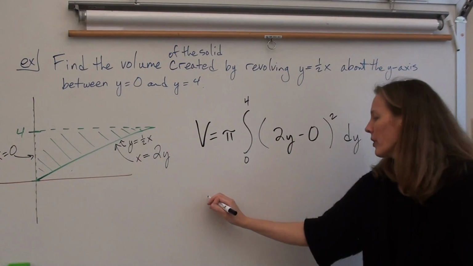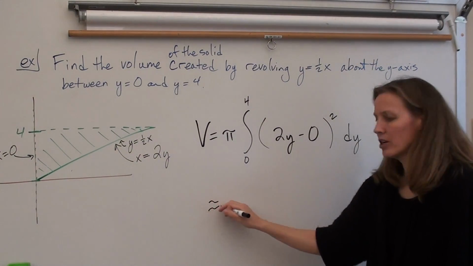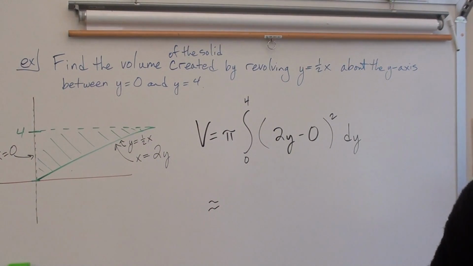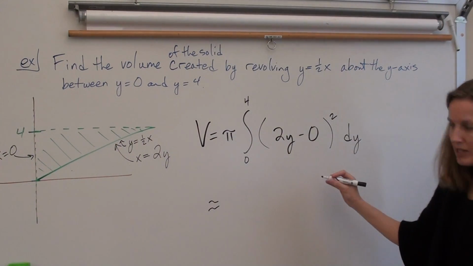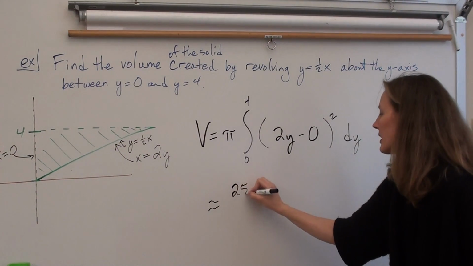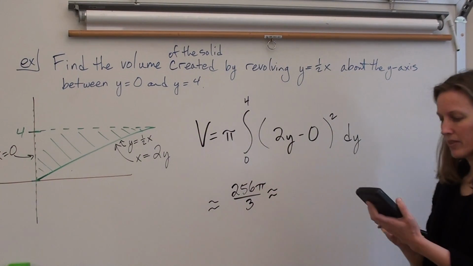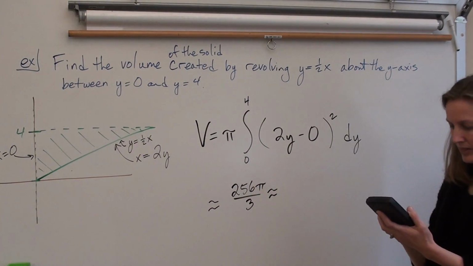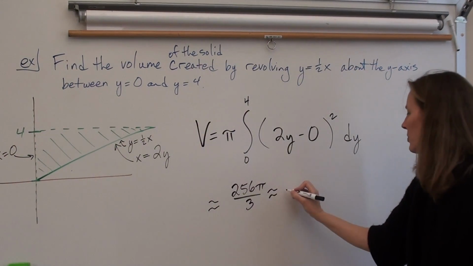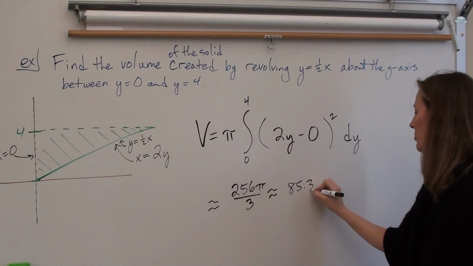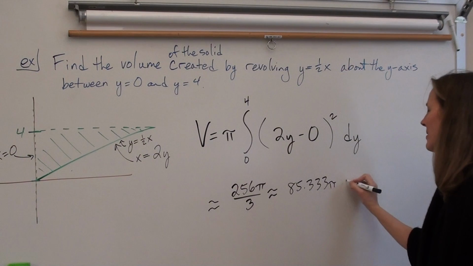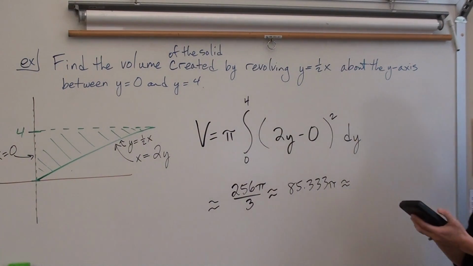Okay, so answers. The actual exact answer is 256 pi thirds. I don't know if anyone got the exact answer. Or if you wrote 85.333 pi, that would be correct.